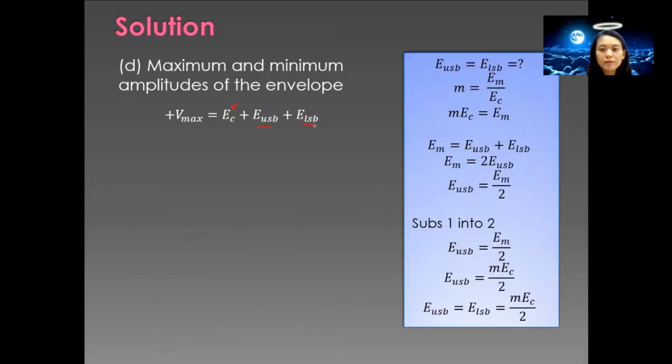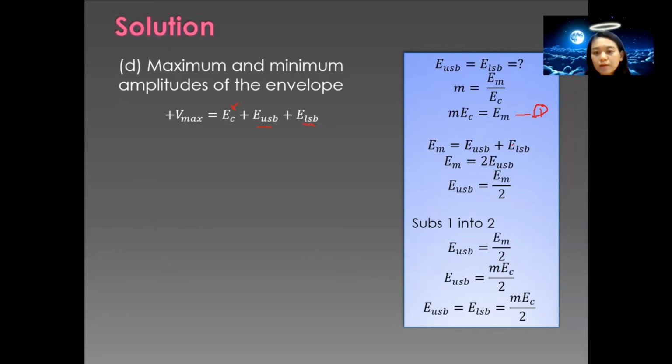Okay, now you want to find EUSB and ELSB. Recall back, we have our modulation index formula, EM divided by EC, and we rearrange it, we will have M EC equal to EM. Okay, this one is our equation number 1. Then we know that EUSB plus ELSB is equal to EM. So these two are the same value, they are equal.